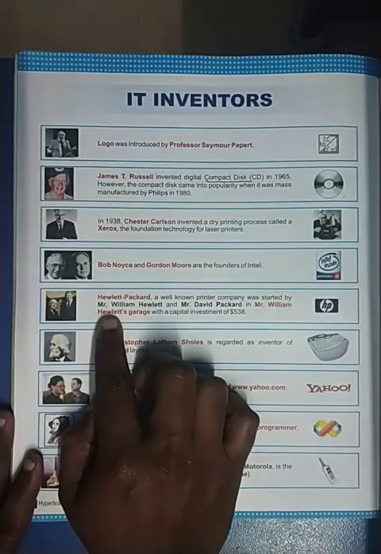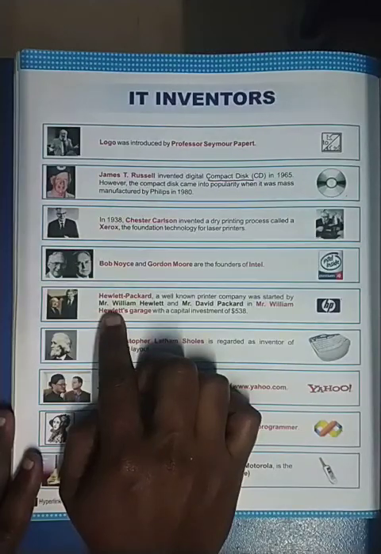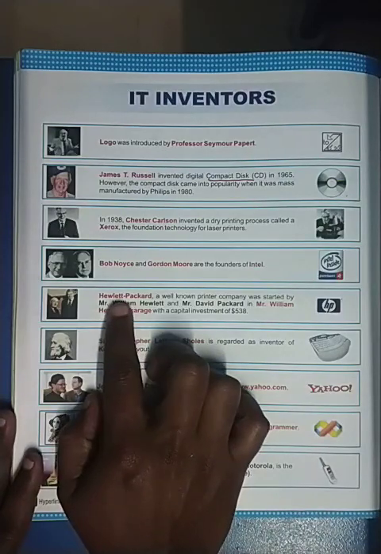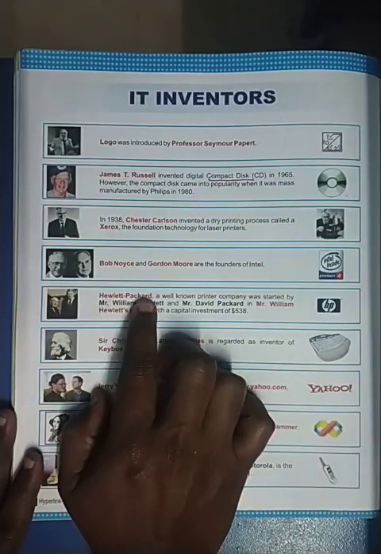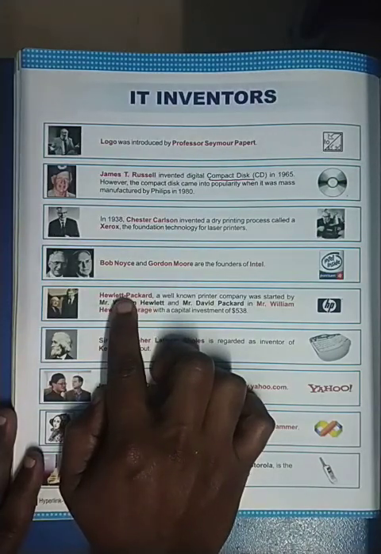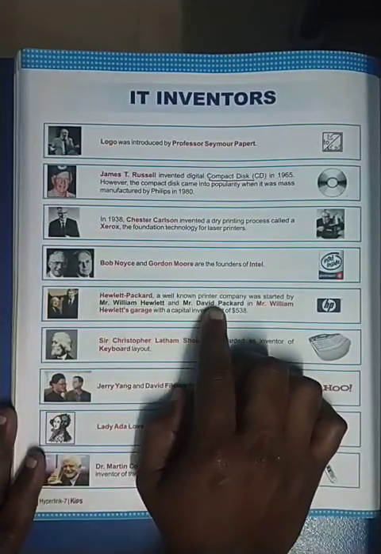Now coming to the next one. What is that? It is also a company. HP. HP is still now a software company as well as a hardware company. So Hewlett Packard. You have to check the pronunciation as well as the spelling. Hewlett Packard is a well-known printer company.